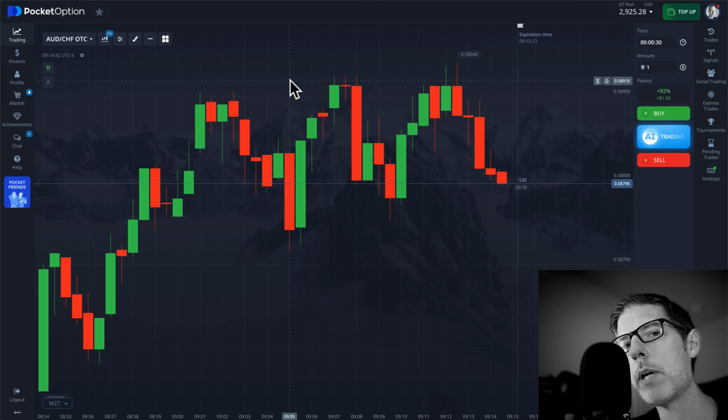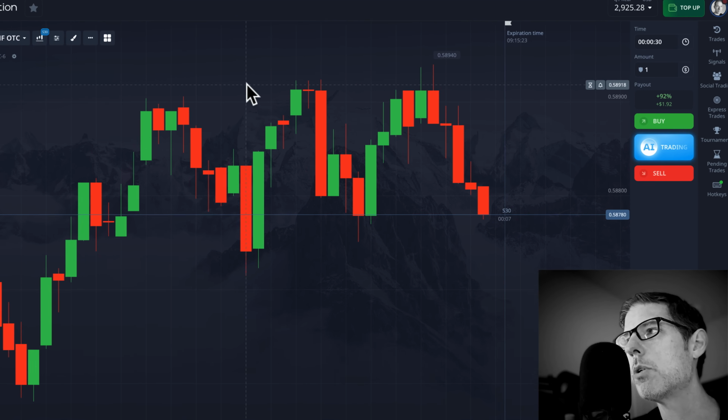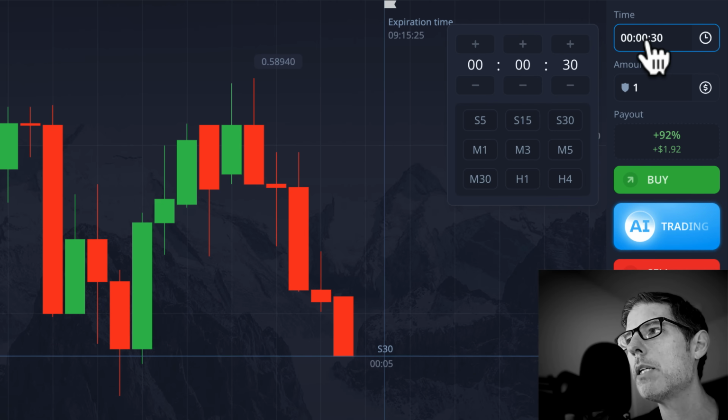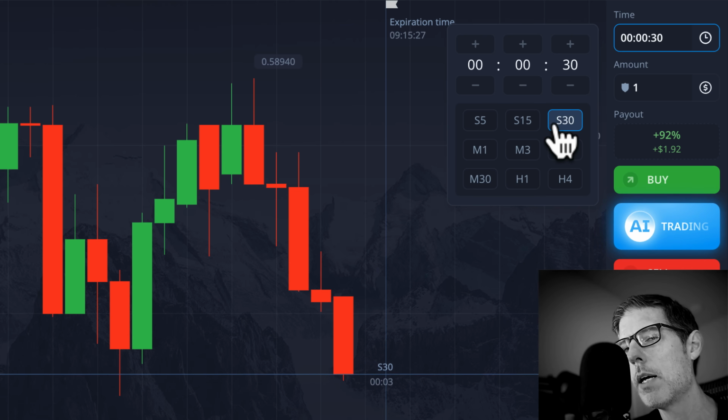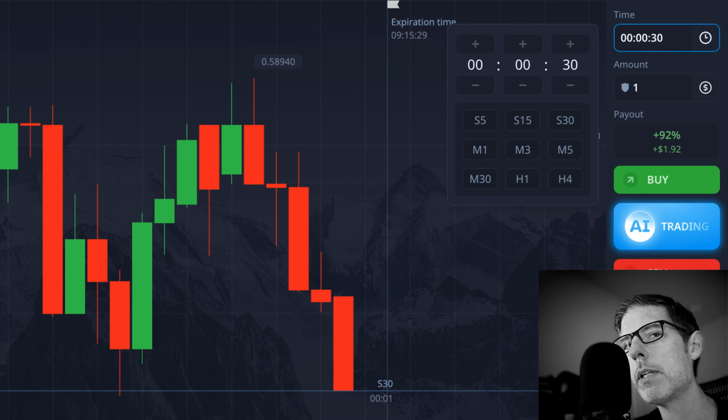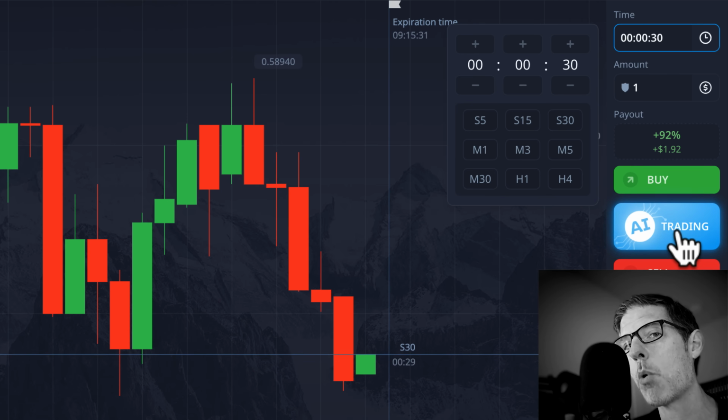Now with AI trading, there's something important that you must understand. Pocket Option will determine the expiry. You don't get to do that with AI. You can come over here and set the expiry to anything that you want, but when you're using AI, it will determine the expiry for you.